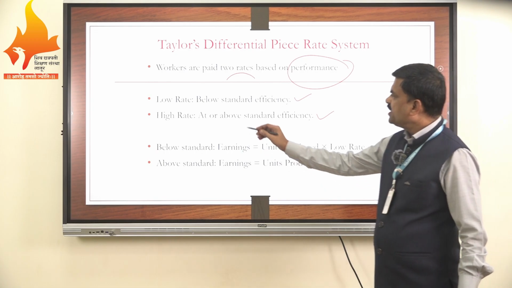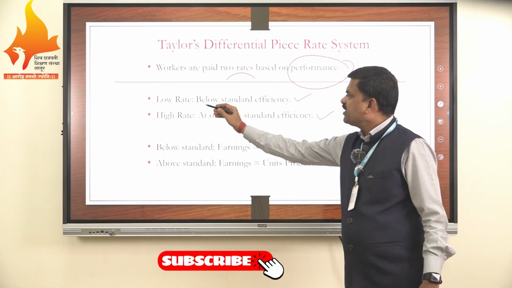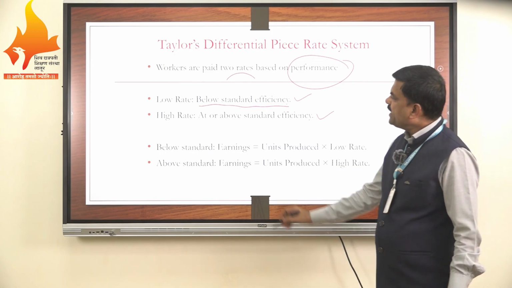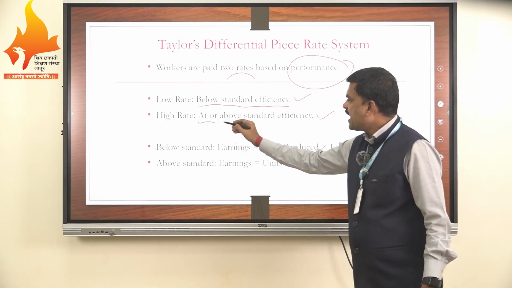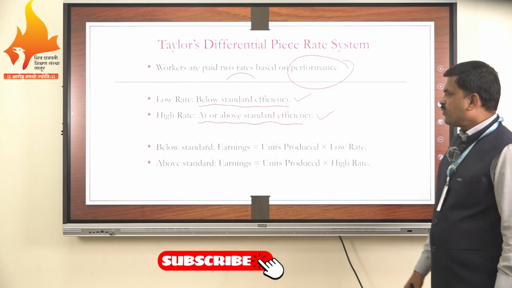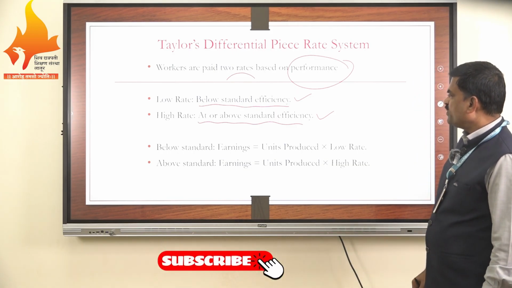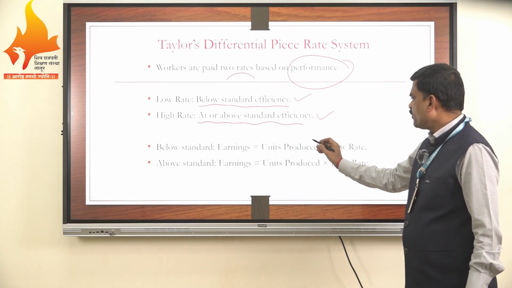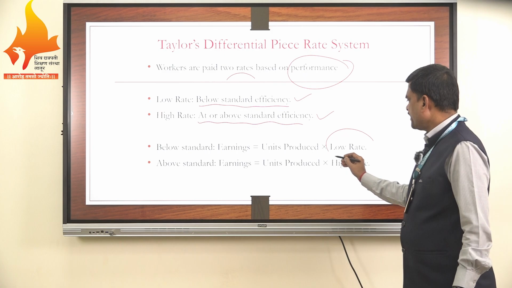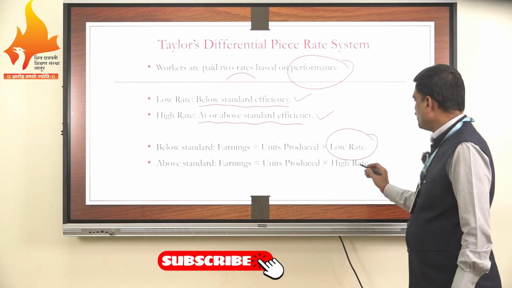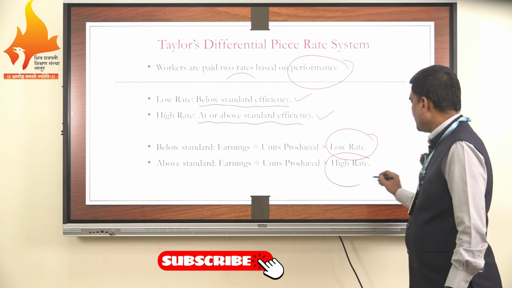Low rate means the worker has performance below standard efficiency, and high rate means the worker has performance at or above the standard efficiency. So here we count the earning of the worker as: when he is below standard, units produced into the low rate, and when he is at or above standard, units produced into the high rate.